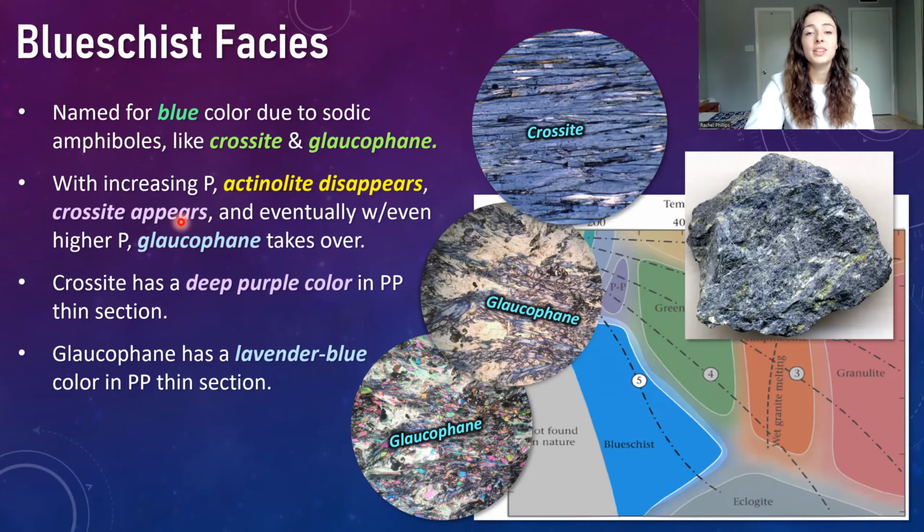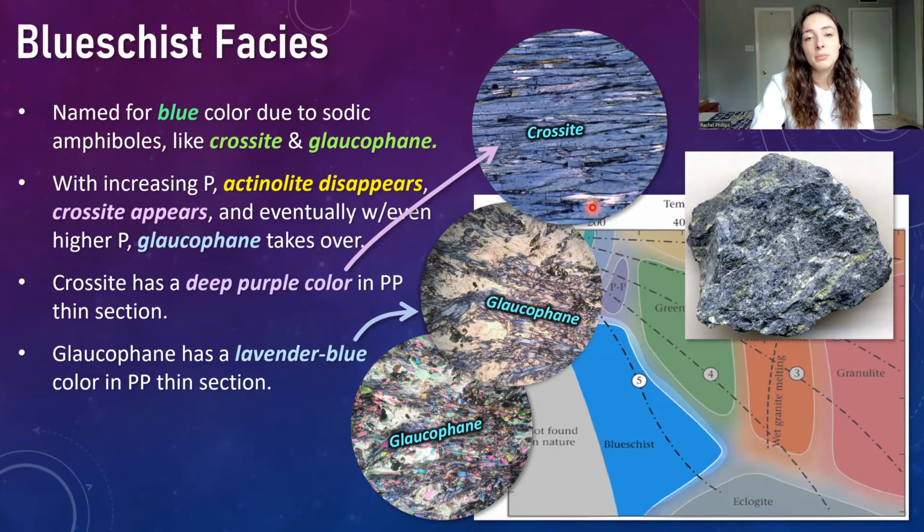This occurs because with increasing pressure, actinolite disappears and crossite appears. And eventually, with even higher pressure, glaucophane takes over. Crossite has a deeper purplish color in thin section, and glaucophane has a lavender blue color in thin section.